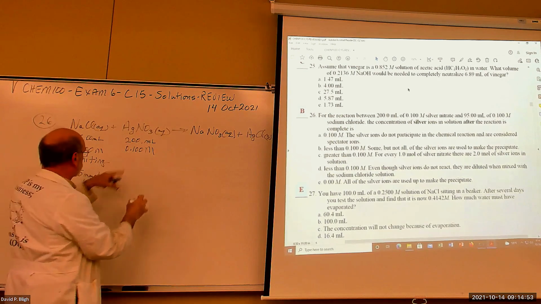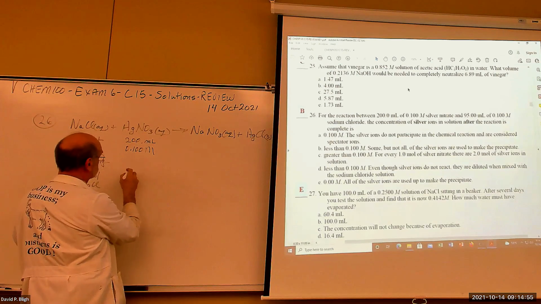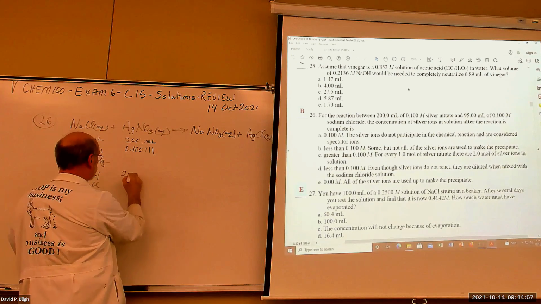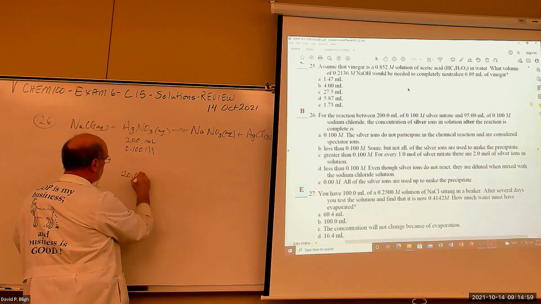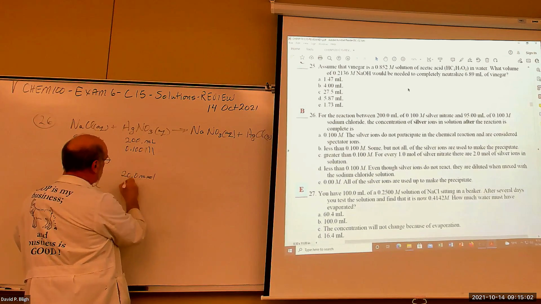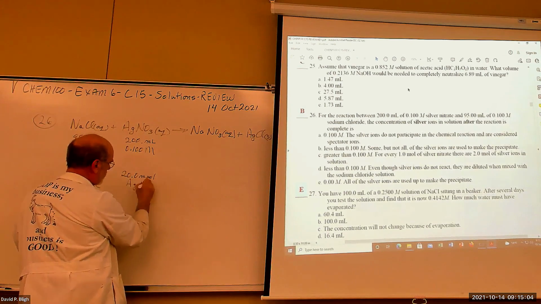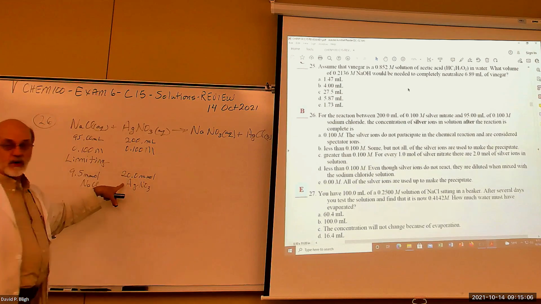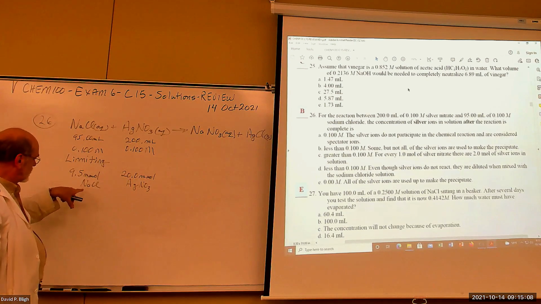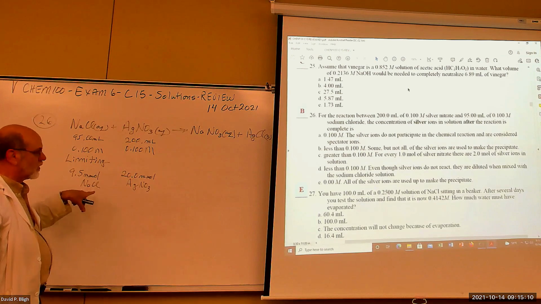And we multiply this one, we get 20 millimoles of silver nitrate, which means we have 20 millimoles of silver and 9.5 millimoles of chloride.